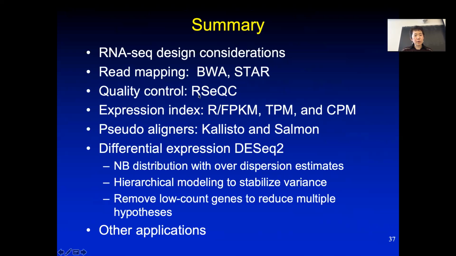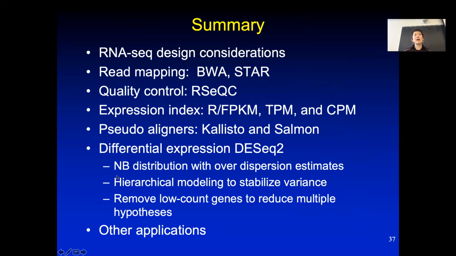For quality control, you can use RNA-seq QC tools. For expression index, we use FPKM, but TPM is probably a better estimate. But recently there are also pseudo-aligners like Callisto and Salmon for just known transcripts. For differential expression, DESeq is definitely still the most popular tool, especially if you don't have enough samples.